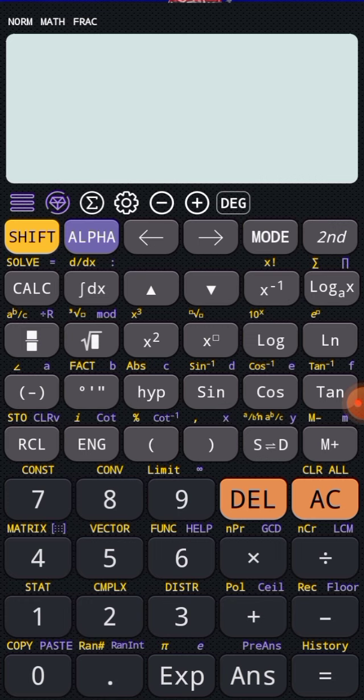How are you going to do that? So what you just do, you click on root, then you input 12 inside the root, that's 12. Then you press equal to, then you are going to have 2 root 3 for 12. So root 12 is shown here as 2 root 3. So that is the different form of root 12.